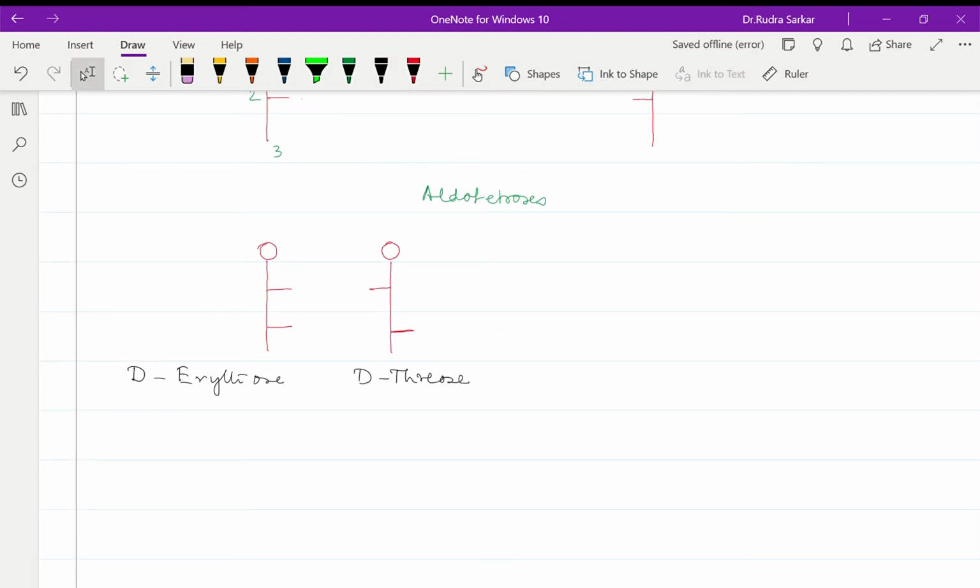Now the mirror image of D-erythrose will give you L-erythrose. You can have the OH group on the left hand side and also the other OH group on the left hand side. So this is your L-erythrose.